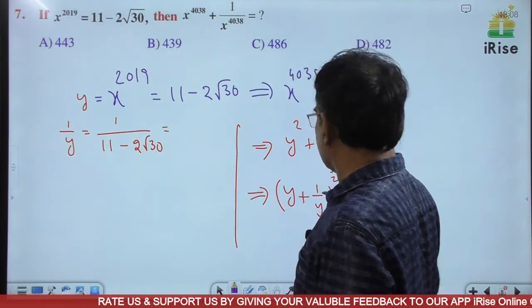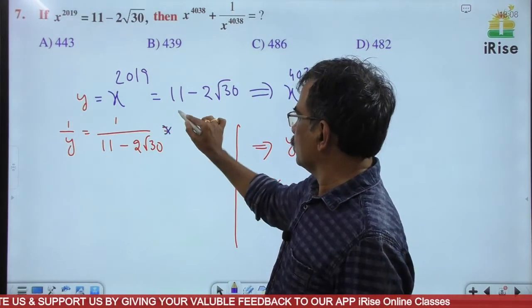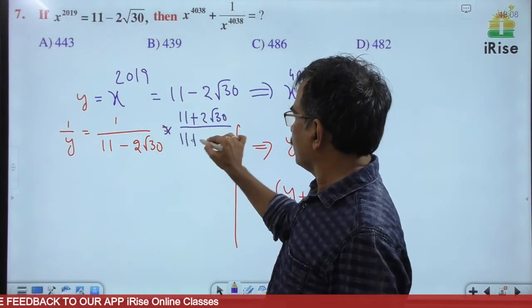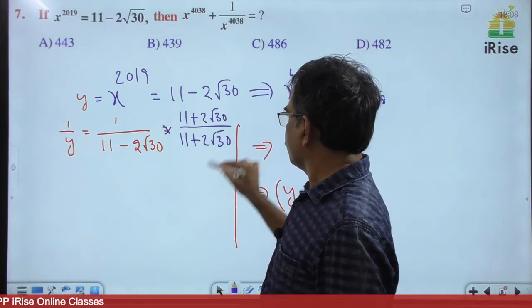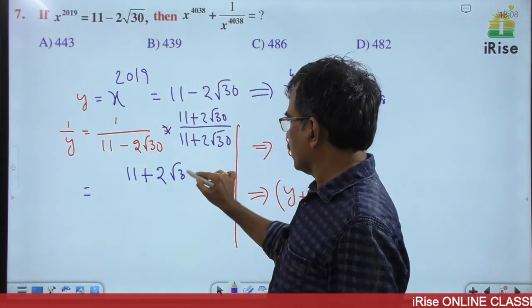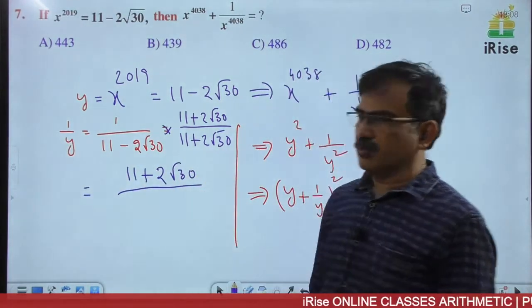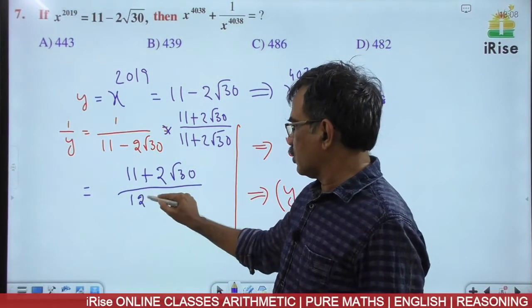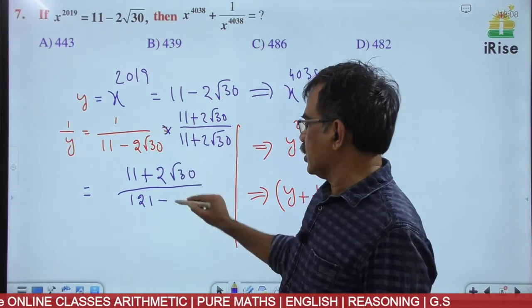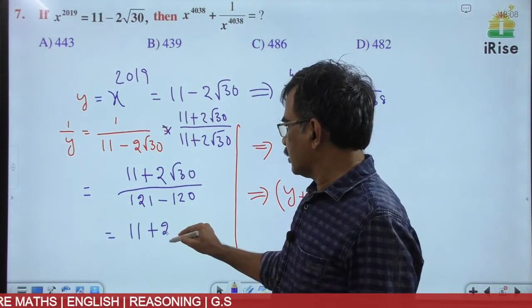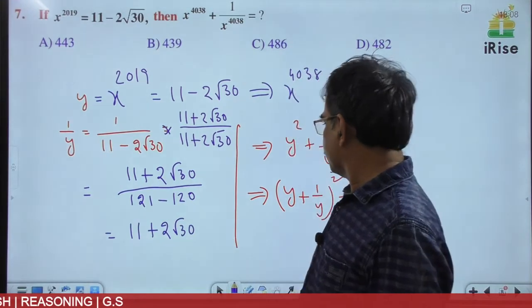Rationalize this. This can be written as into 11 plus 2 root 30 by 11 plus 2 root 30. This is equal to 11 plus 2 root 30 by (a plus b)(a minus b), a square minus b square. A square 11 square 121 minus b square 4 into 30 is 120. So this is nothing but 11 plus 2 root 30.